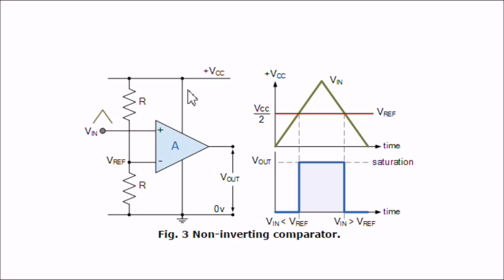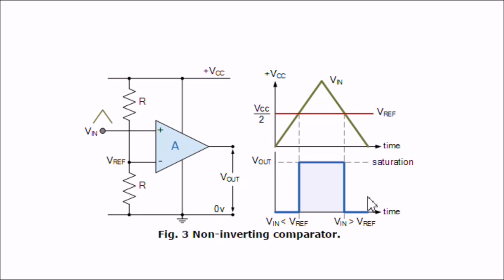In this case, it's 1/2 VCC, whatever it happens to be, just for illustration's sake. And that is connected to the minus input. Over here, the voltage waveform is going to be put in on Vn, which is going to be on the plus input. This is called a non-inverting comparator.